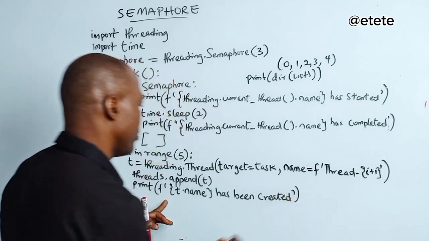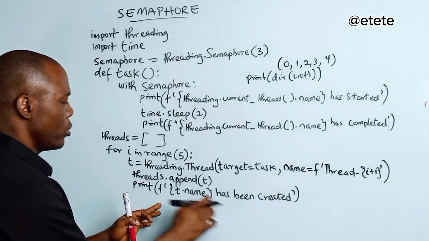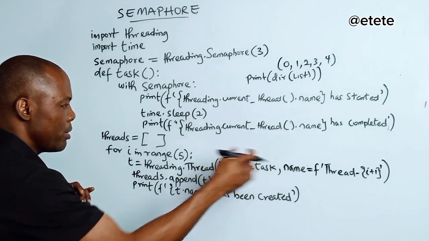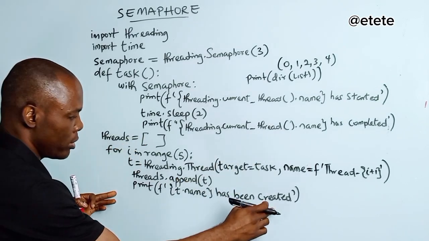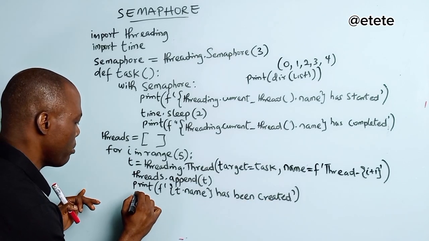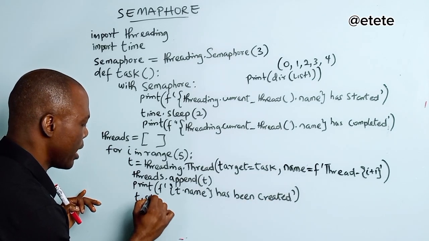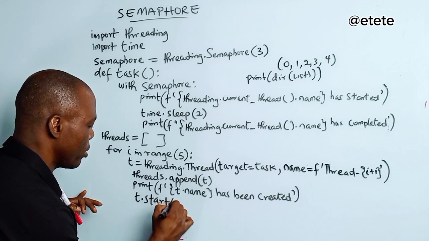Then you close. All right. So you print this out. That means the thread has been created. When you create the thread, you put it here. Then you tell us that it has been created. Then you come here and you say t dot start. You are calling the start method.